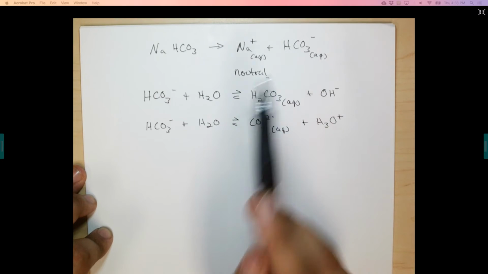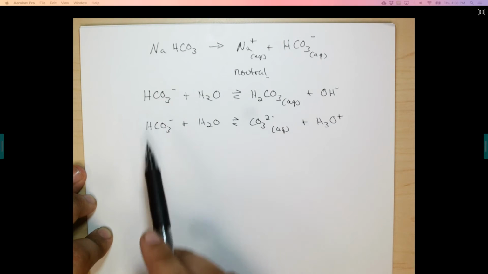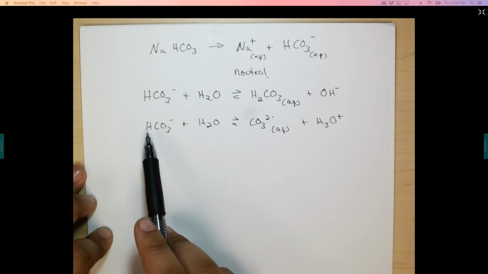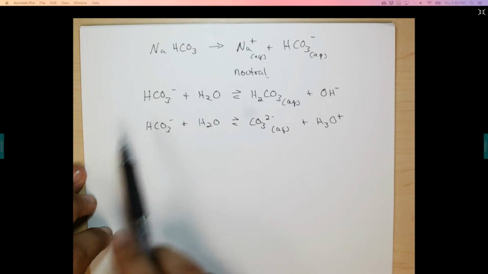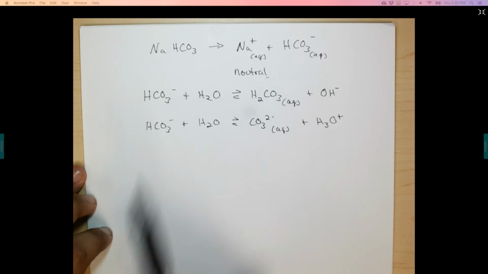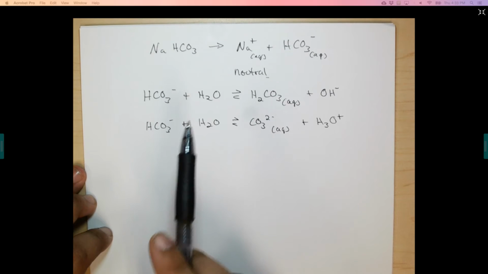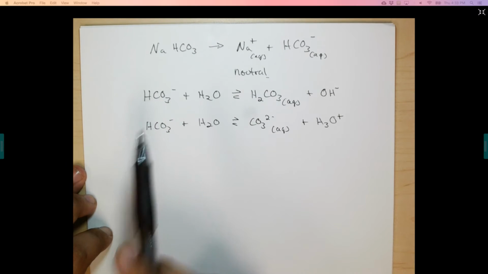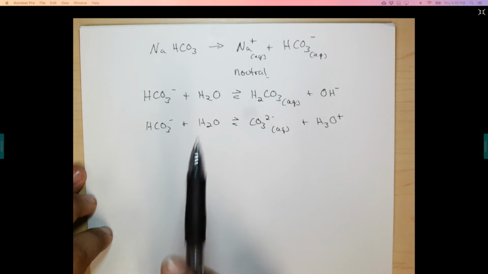So the question they're really asking is, is this acidic or basic? To answer that, you need to ask which of these two reactions is favorable from an equilibrium perspective, meaning which one is more likely to happen. They have given us the Ka for H2CO3 and the Ka for HCO3 minus.